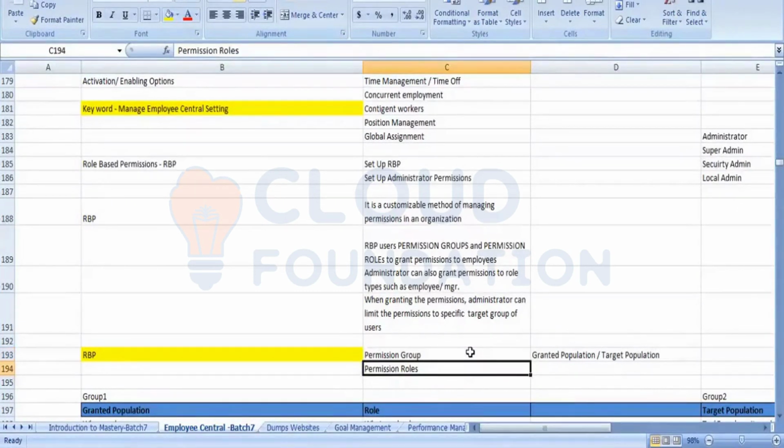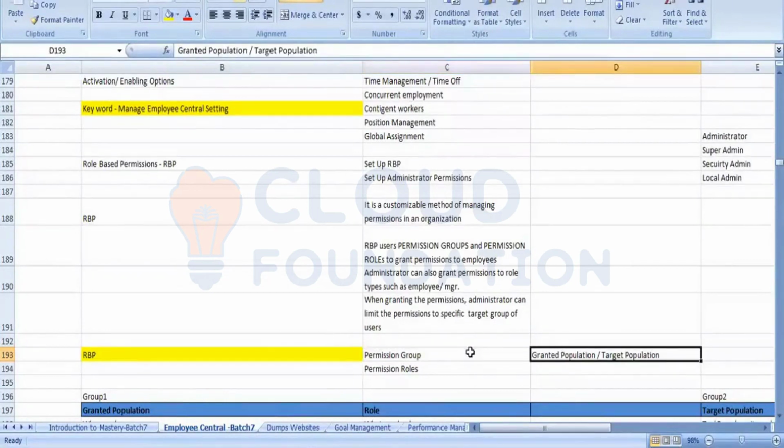Again, permission group is divided into two parts: granted population and target population. Okay. To understand granted population and target population, let's take granted population.